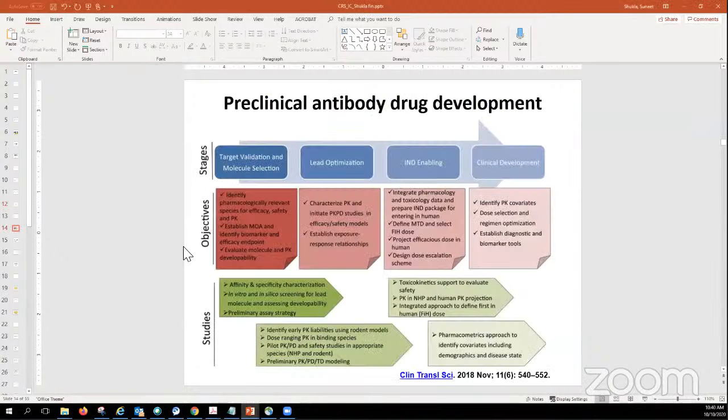Now, coming to the preclinical and the clinical aspects of antibody drug development, what I am showing here are the different stages of target validation, different stages of the preclinical antibody drug development. These stages are associated with different objectives, and for achieving these objectives, you have to do several different types of studies. The first stage of preclinical antibody drug development, as Dr. Rajeshwari also mentioned, is target validation and molecule selection.